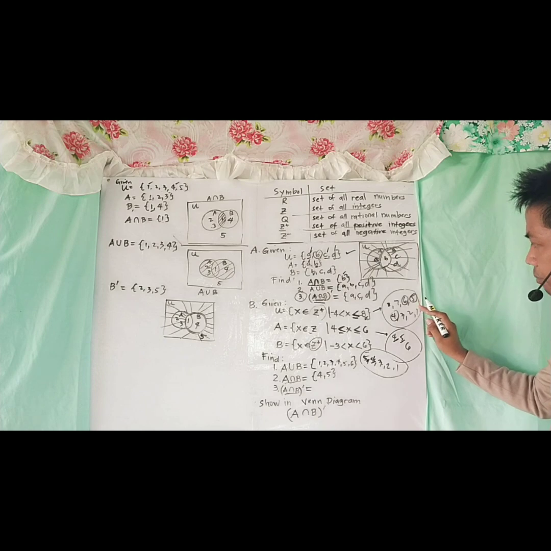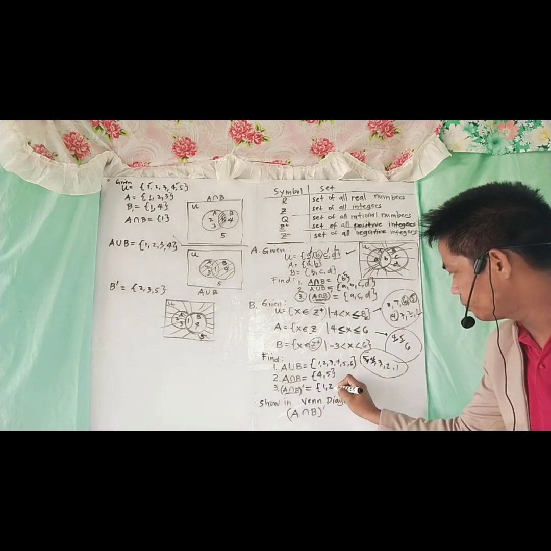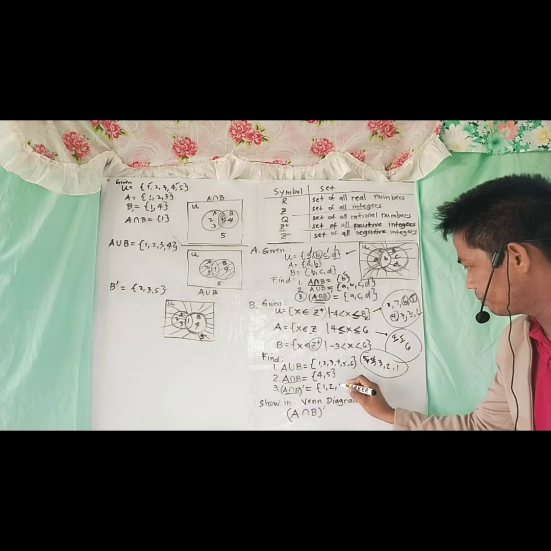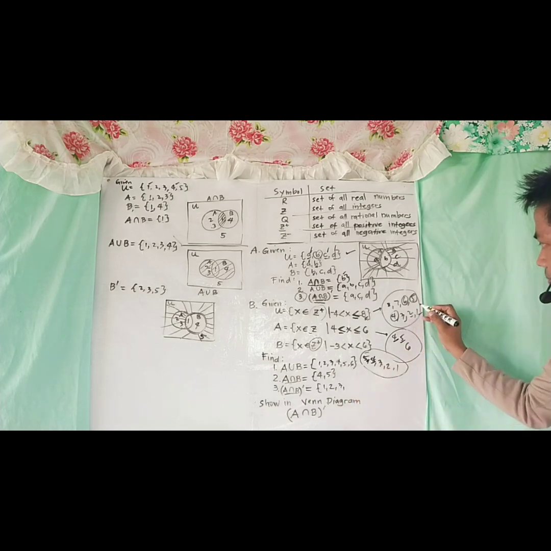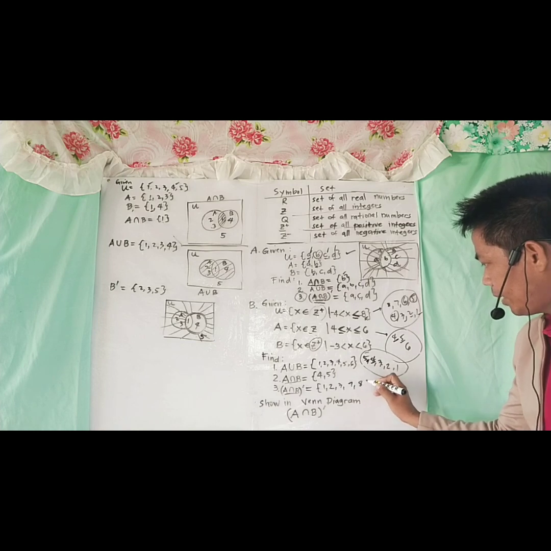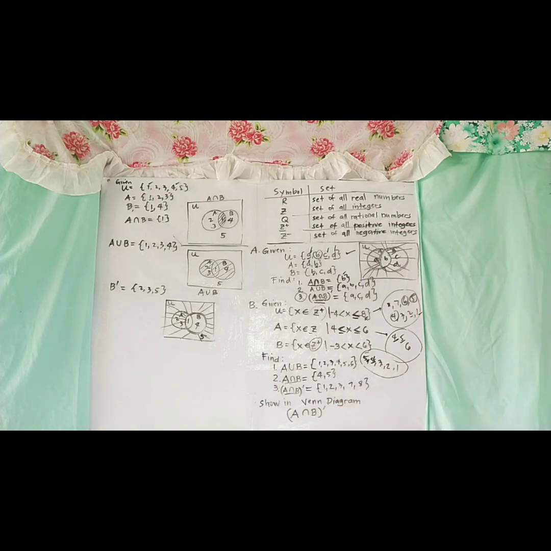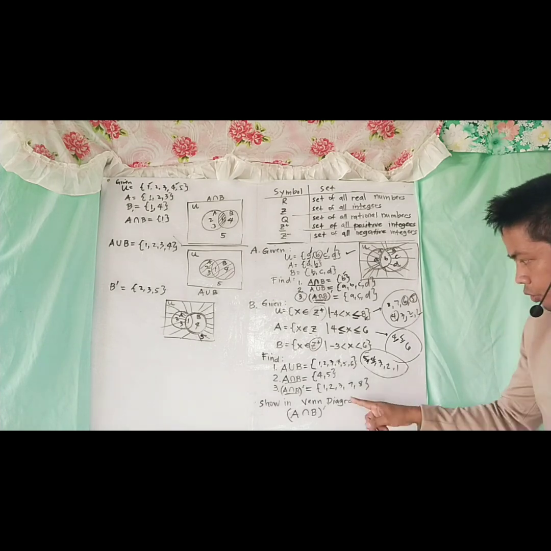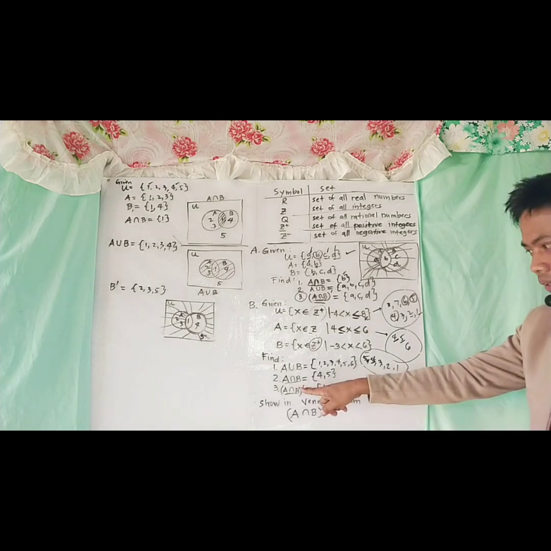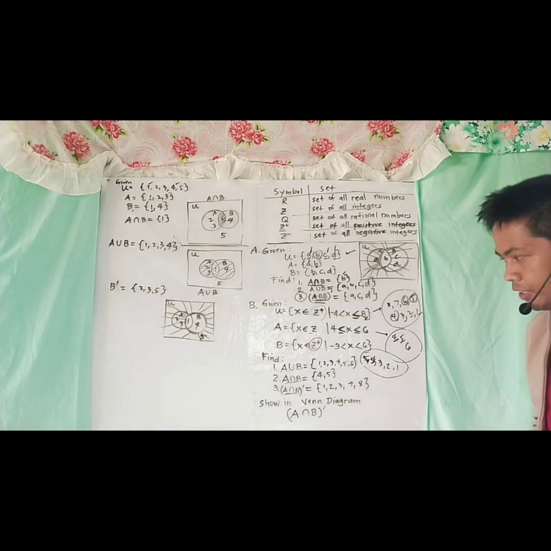Therefore, what remain are 1, 2, 3, 7, 8. 4 and 5 are in the intersection. So 1, 2, 3, 7, 8 is the answer.